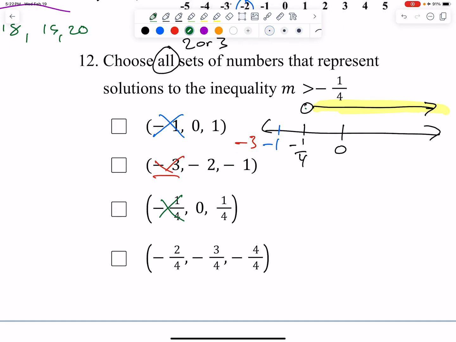And then we have -2/4. So that's over here. -3/4, that one also doesn't work. Oh my God. So what did I just say earlier? Well, in a bunch of other videos too. You're never ever going to pick all four.